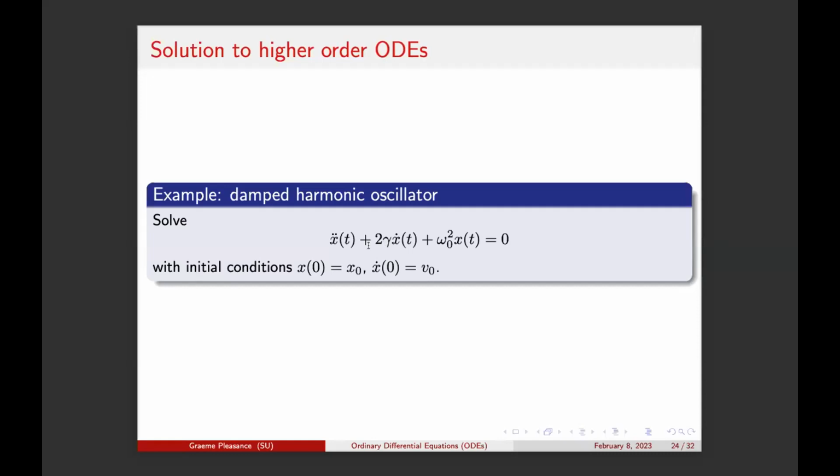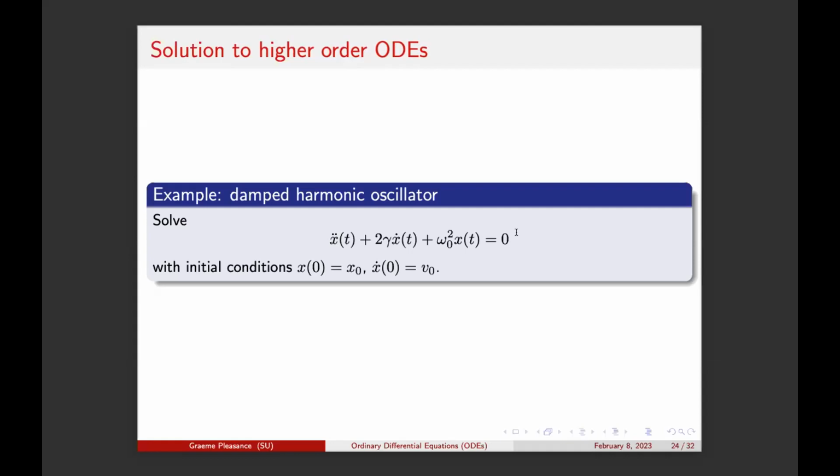The second term in this equation describes the effects of friction on the oscillator, where we assume that this friction is proportional to the speed at which the mass is moving. And this third term depends on the coefficient omega naught, and this sets what's called the natural frequency of the oscillator. This is just the frequency at which this mass oscillates on the spring in the case where the damping constant gamma is just 0.